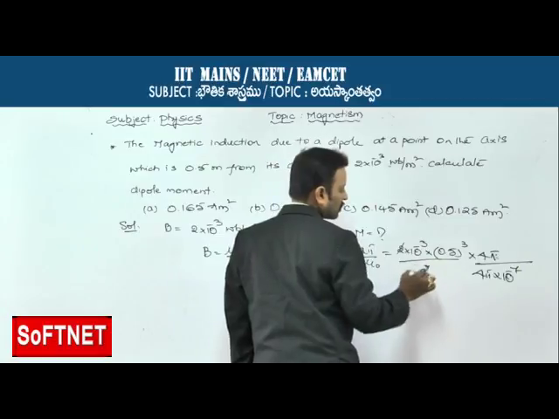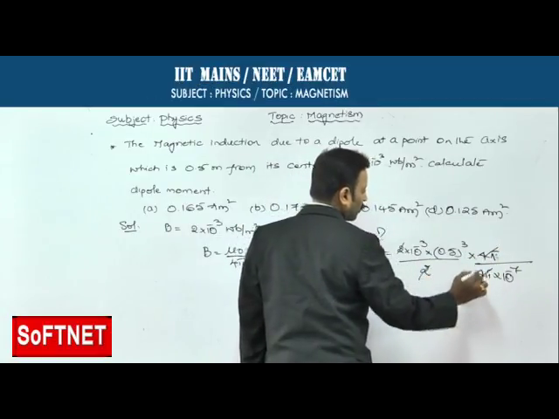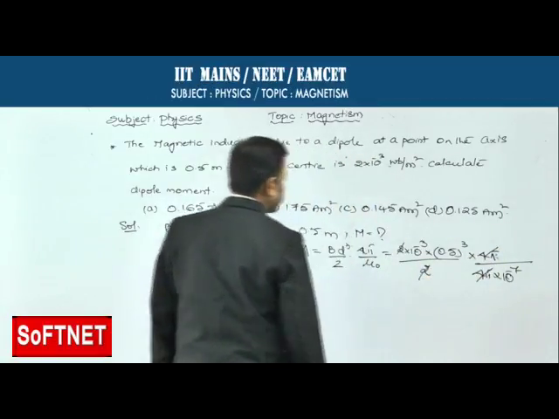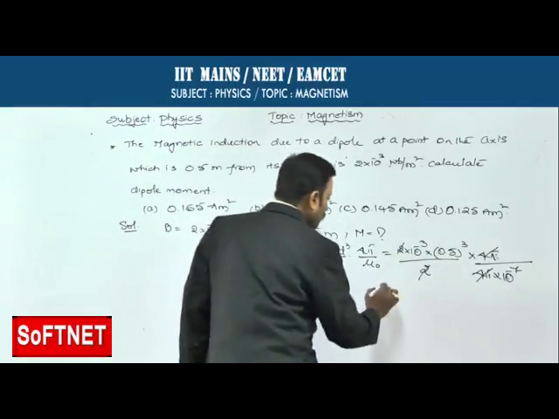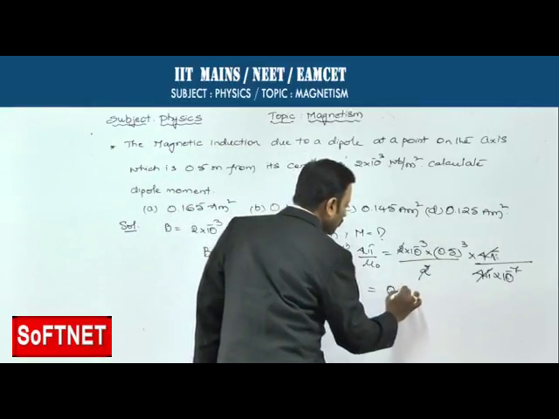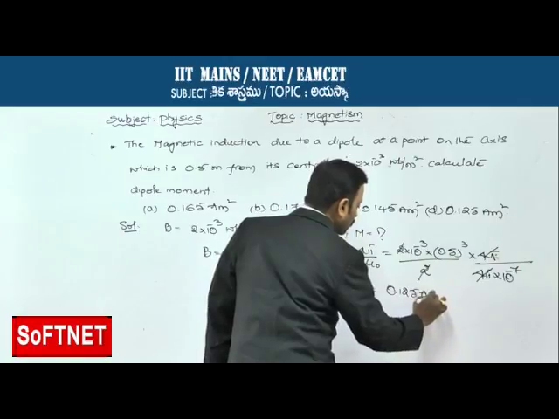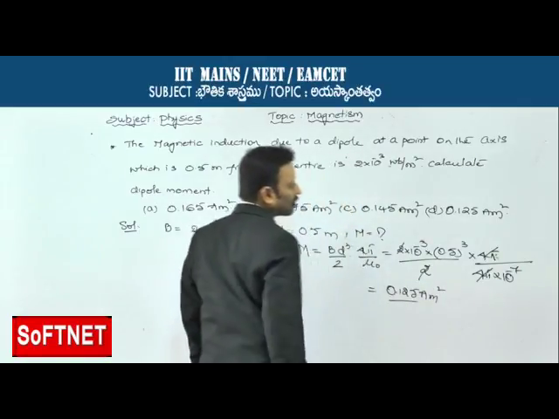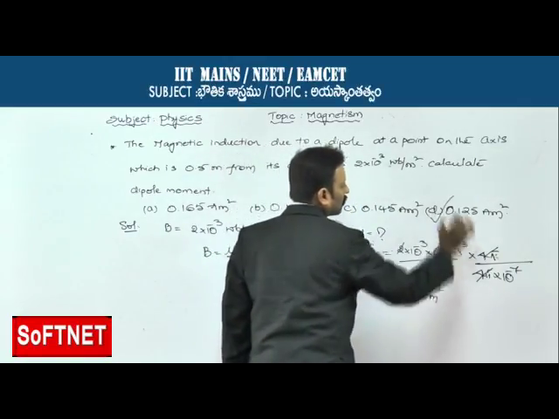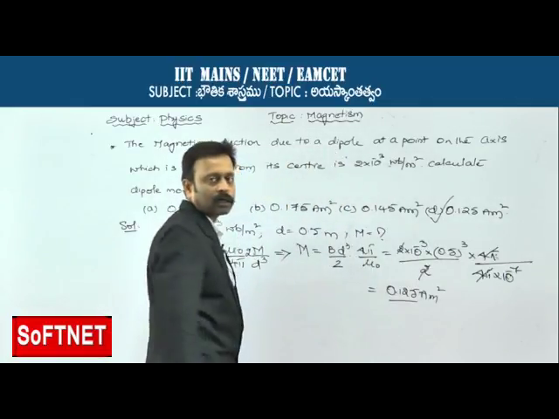You can cancel this 2 in numerator and denominator, and 4 pi also cancels. After simplification, you will get 0.125 ampere meter square. So, the last one, fourth option, is the correct one.